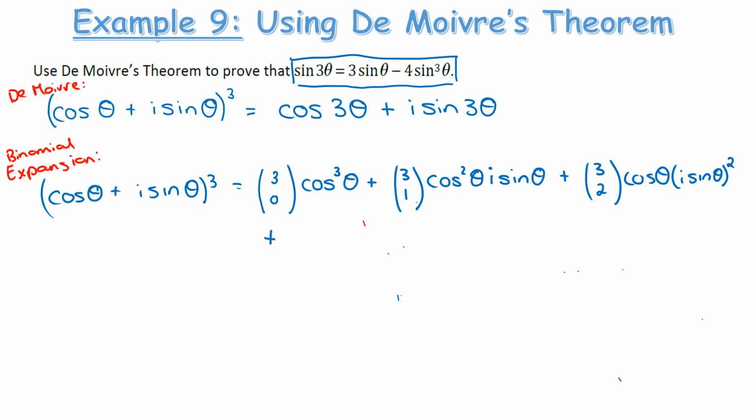And the final term, so remember there was always one extra term, so power 3 we have 4 terms, power 5 there'll be 6 terms, and so on.